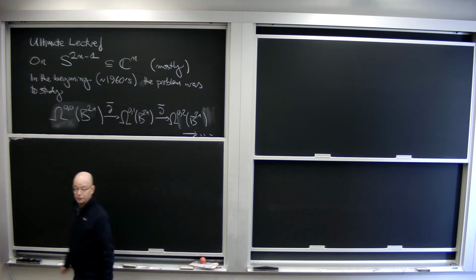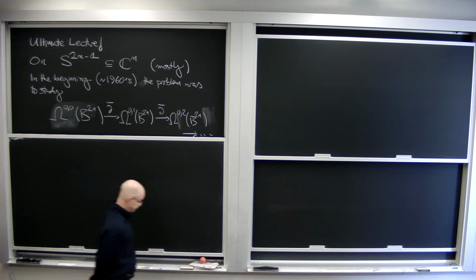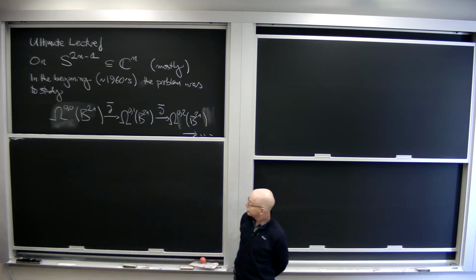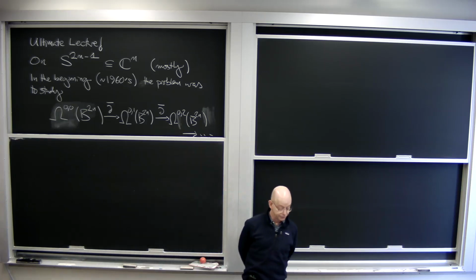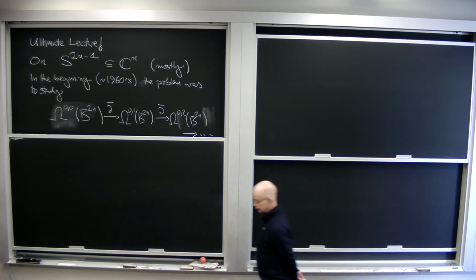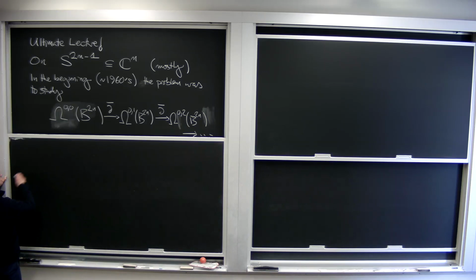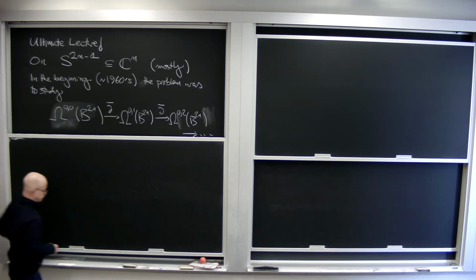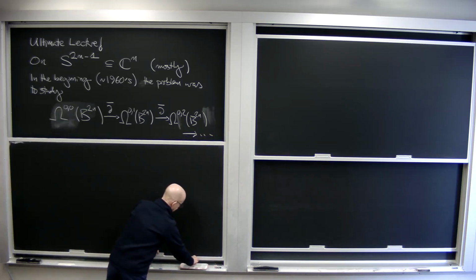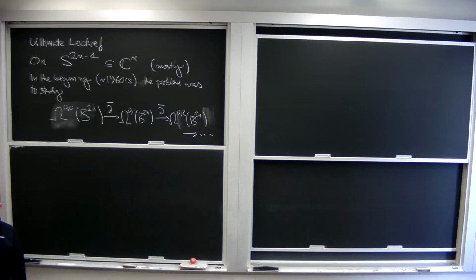So this is what people wanted to study for reasons having to do with complex analysis. For example, one of the things that emerges eventually out of this study is a proof of the famous Newlander-Nirenberg theorem, which tells you when a manifold really is a complex manifold. That is a theorem.